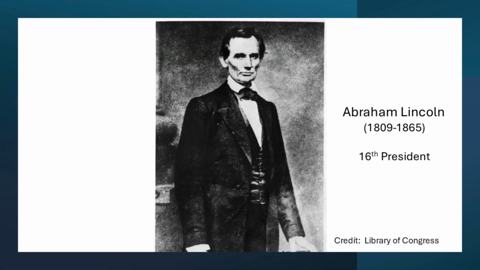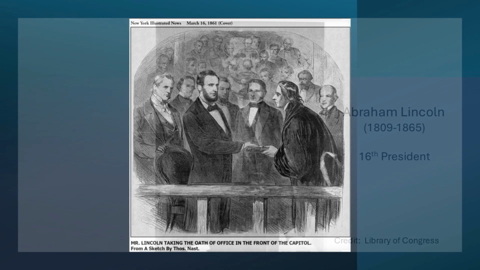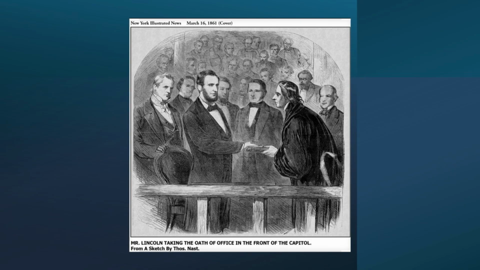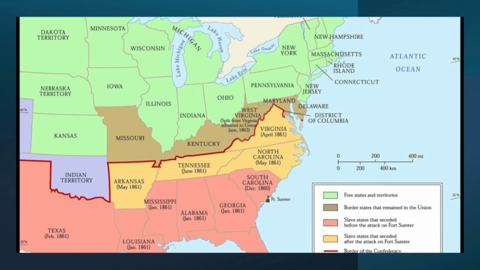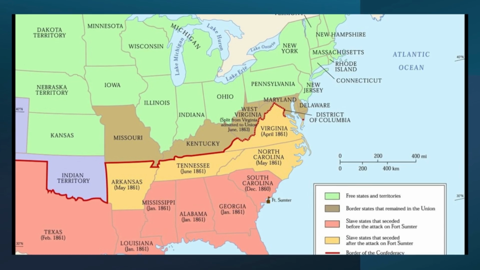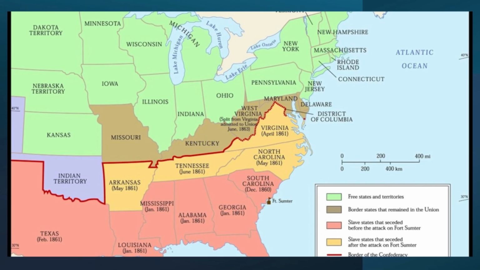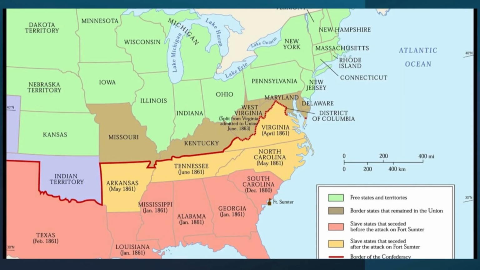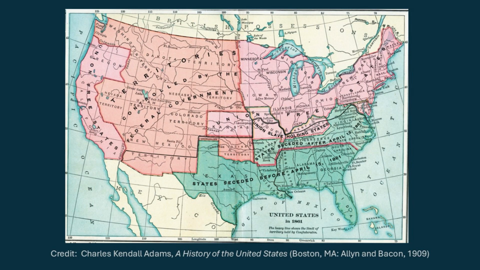Before Abraham Lincoln took the presidential oath in March 1861, 7 states had seceded. South Carolina led the way, followed by Mississippi, Florida, Alabama, Georgia, Louisiana, and Texas. One of President Lincoln's first tasks was to mobilize and equip an army to suppress the rebellion.